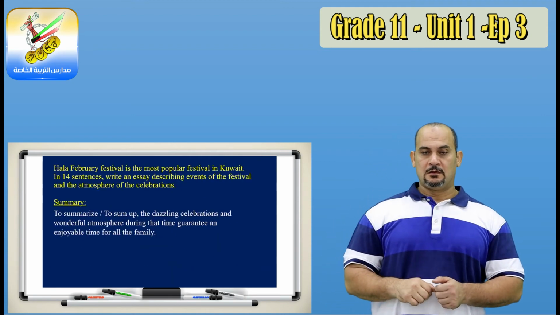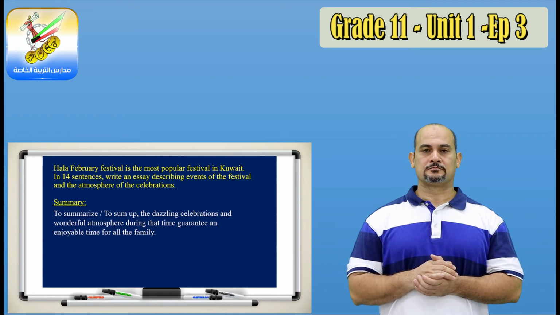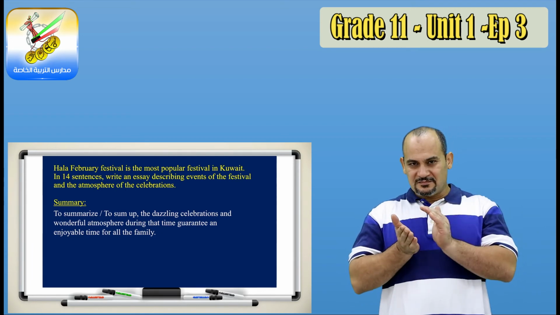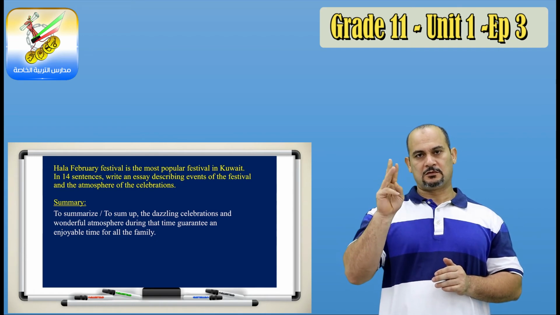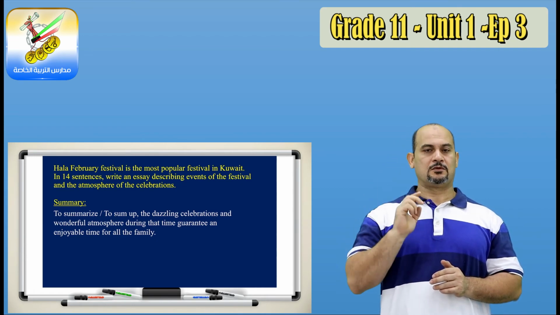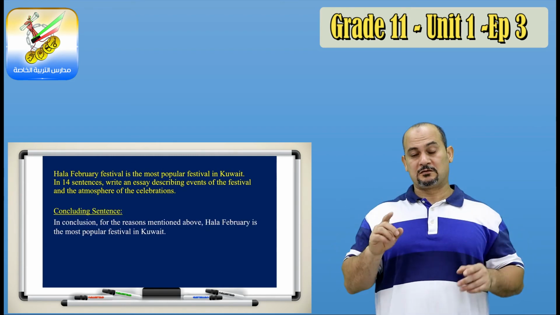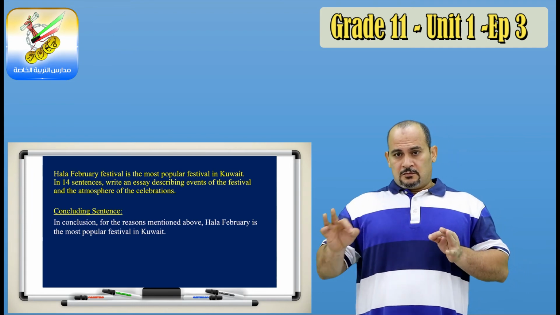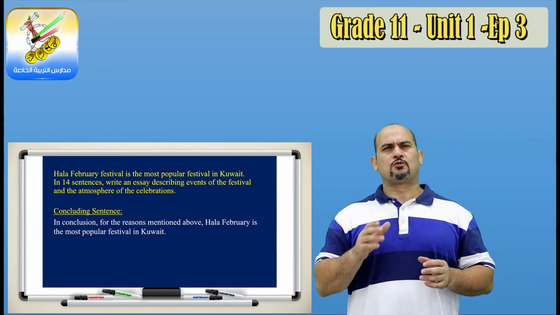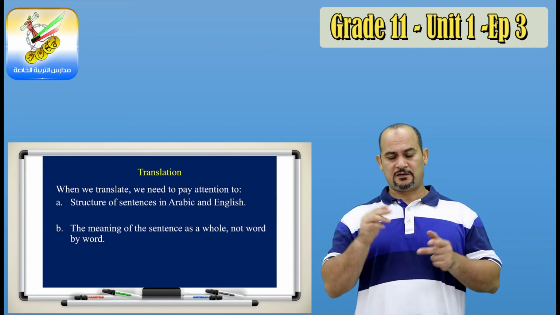Here's an example for conclusion sentence. You can summarize: to sum up, or to summarize, the dazzling celebrations and wonderful atmosphere during that time guarantee an enjoyable time for all the family. If you decided to write a concluding sentence: in conclusion, for the reasons mentioned above, Hala February is the most popular festival in Kuwait.